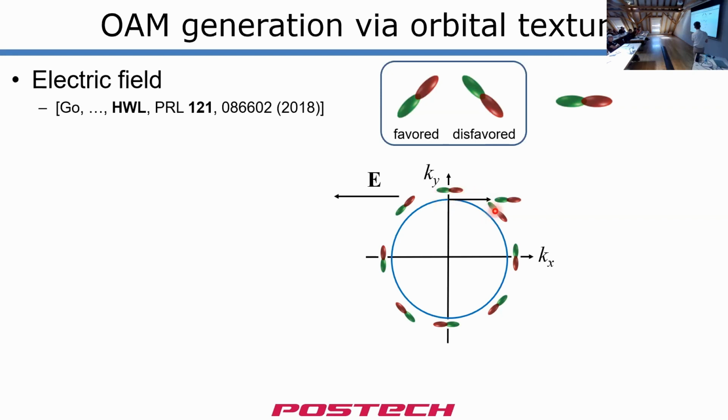So this is the final momentum, but its orbital wave function is different from the eigen wave function. So simply by applying an electric field to a material with orbital texture, I can generate this kind of configuration where the electron wave function differs from the eigenstate wave function. And in this case, this state will evolve to acquire orbital angular momentum.